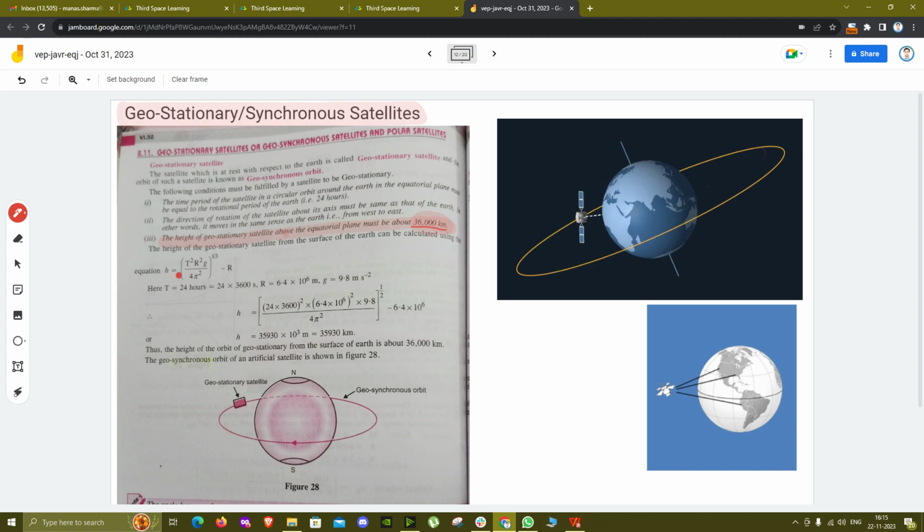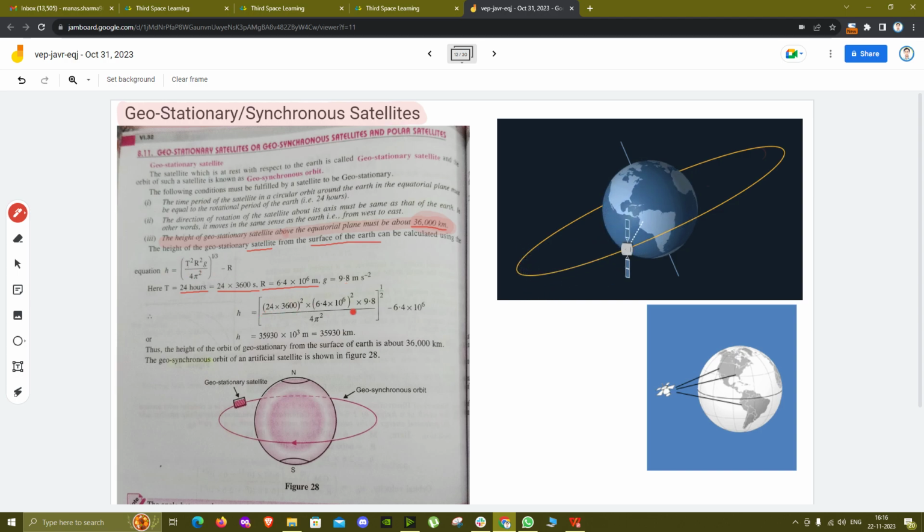So we already know from the formula that the height of the geostationary satellite from the surface of the earth can be calculated by using this equation here. h is equal to the cube root of T square R square g divided by 4 pi square, minus R. Now if you put all the values, you know the time period should be 24 hours, that is 24 into 3600 seconds, and the radius of earth, this is the radius of earth, capital R, and small g is 9.8 meter per second square.